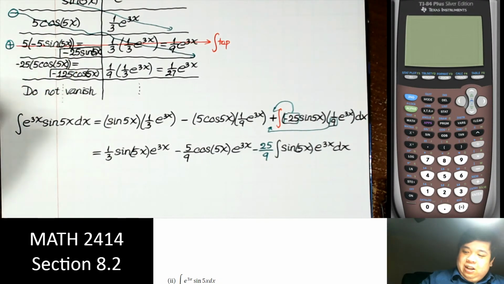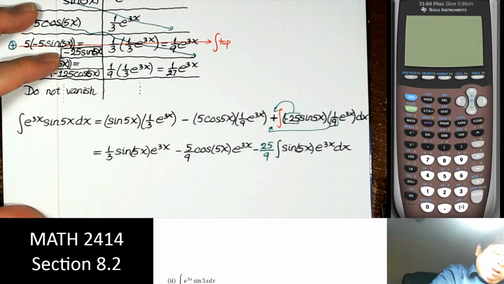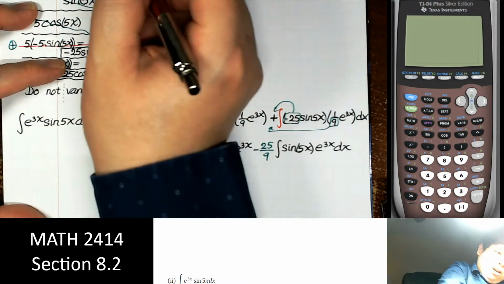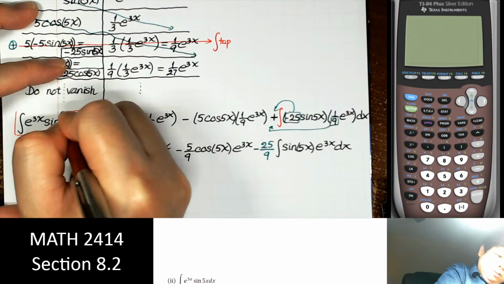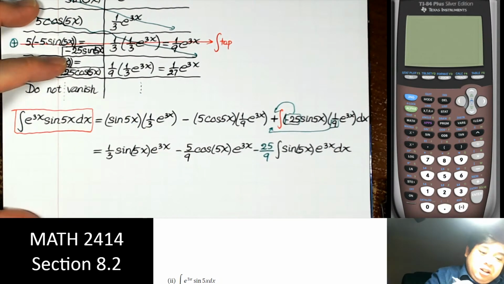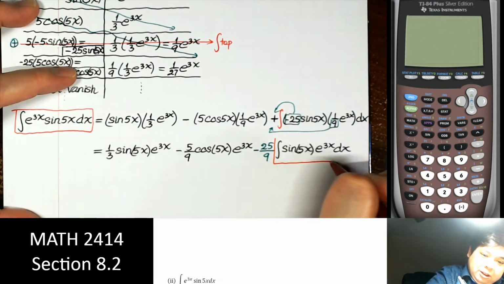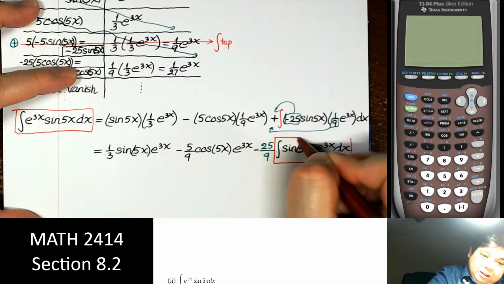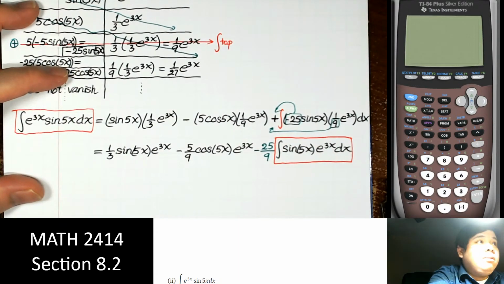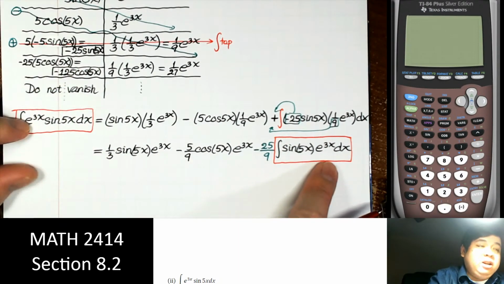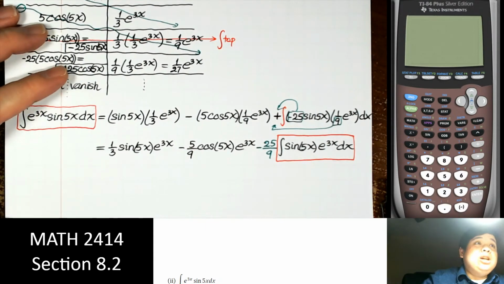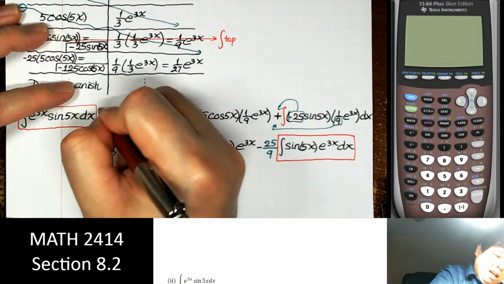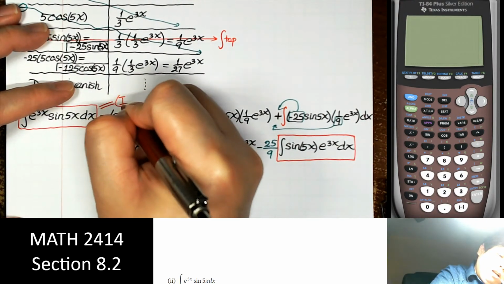Now, if you look at the original problem, and this one, is that the same as this term? Yeah, I just wrote them backward, right? But they are exactly the same thing. So let's rewrite that. Let that integral be I.